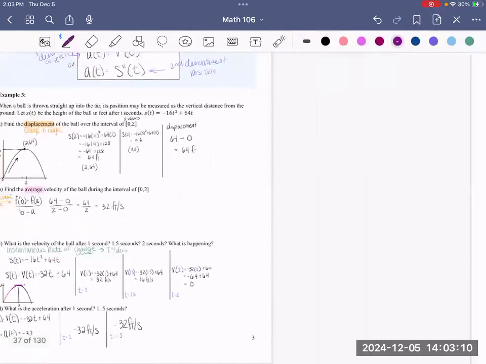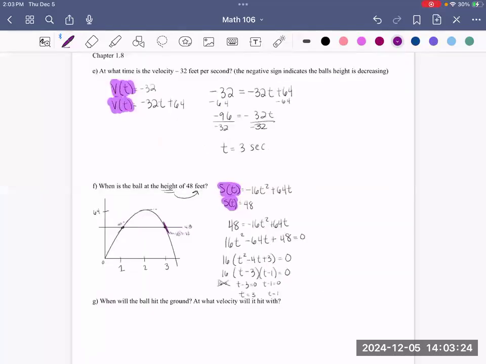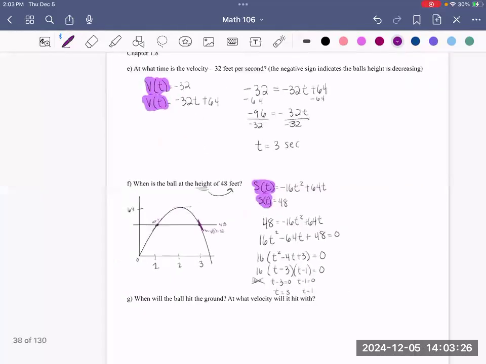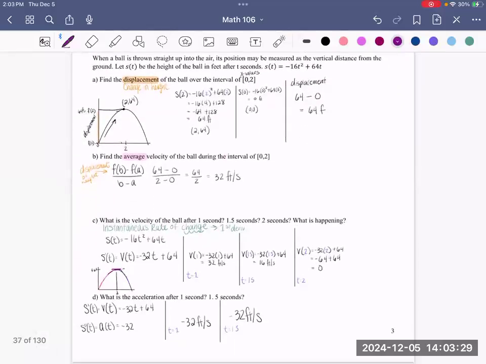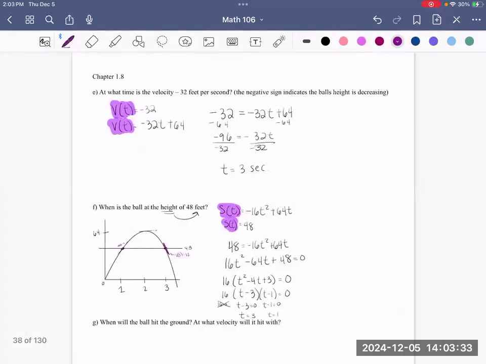We have, again, another 32 here. So this one, your velocity is at 32. Your velocity here is at 0. So that is pretty good. Your acceleration as well is at 32.